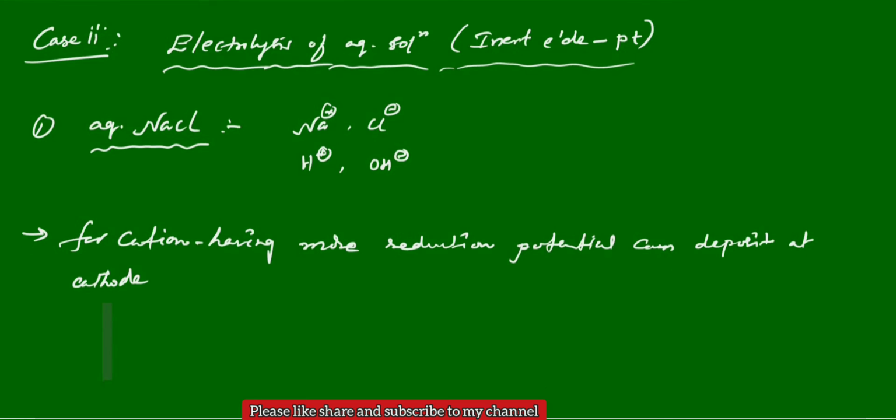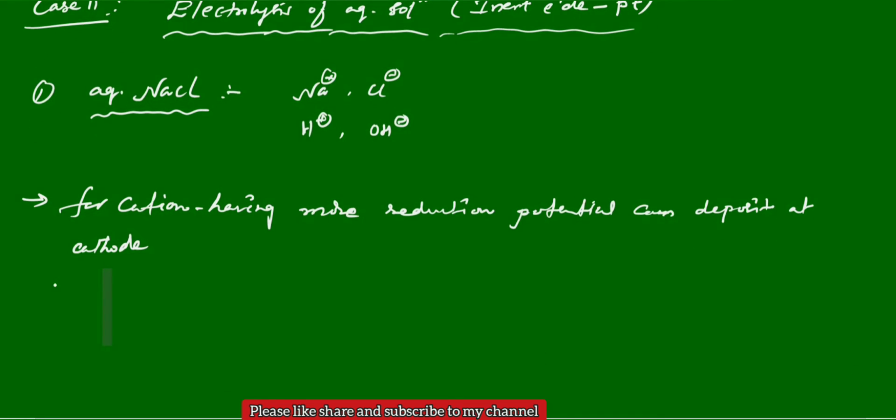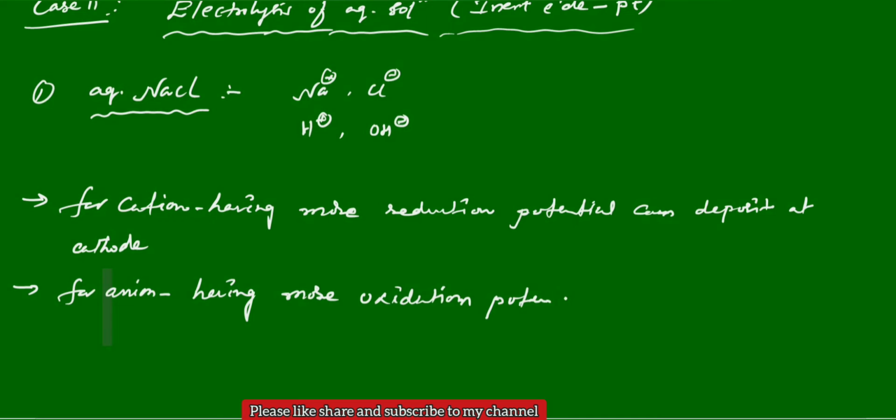Similarly, in case of anion, the anion which has more oxidation potential can deposit or liberate at anode.